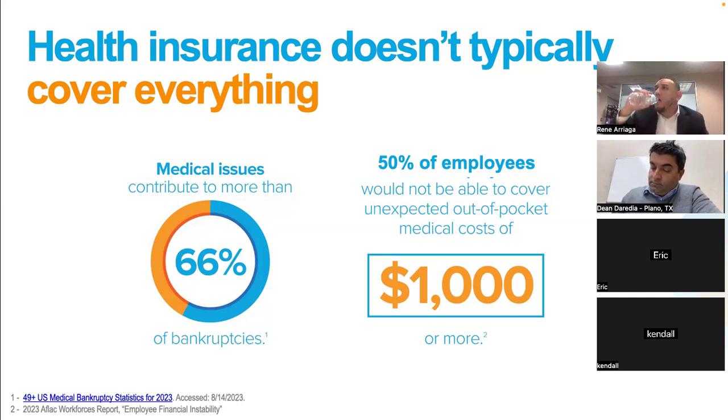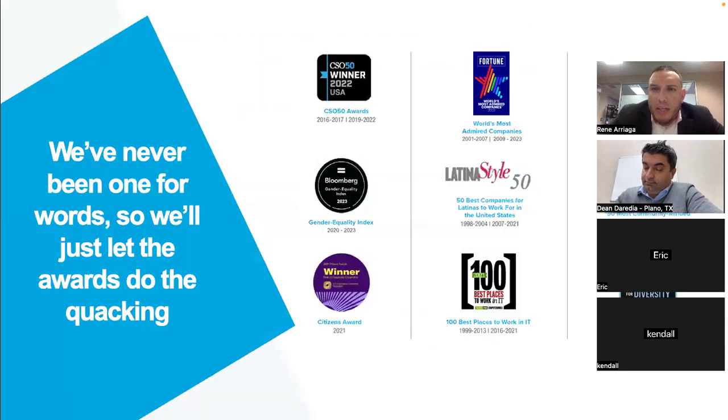Did you guys know that? Medical expenses contribute to more than 66% of all bankruptcies. 50% of employees will not be able to cover an unexpected out-of-pocket medical cost of $1,000 or more. So literally, not even half of their employees would be able to pay a $1,000 hospital bill if a situation came up.